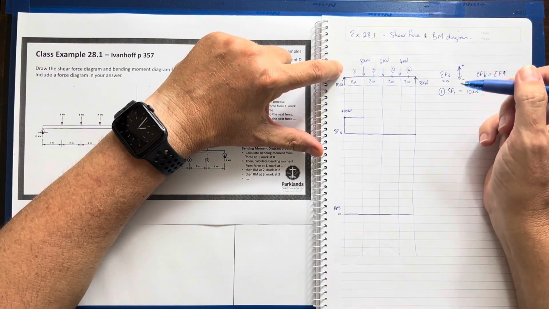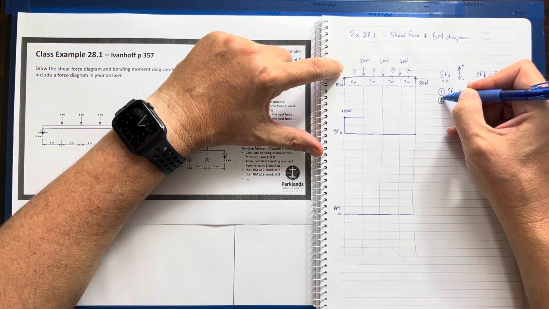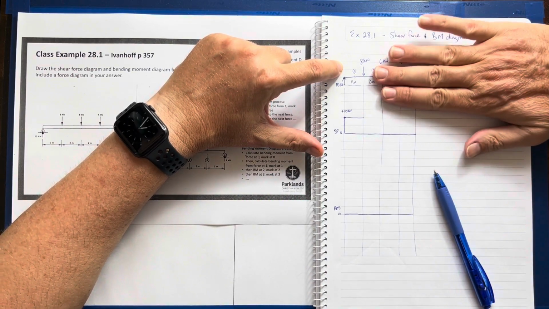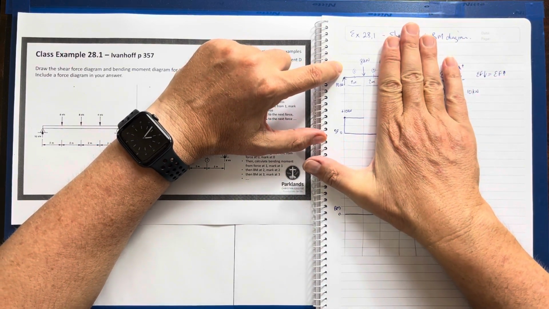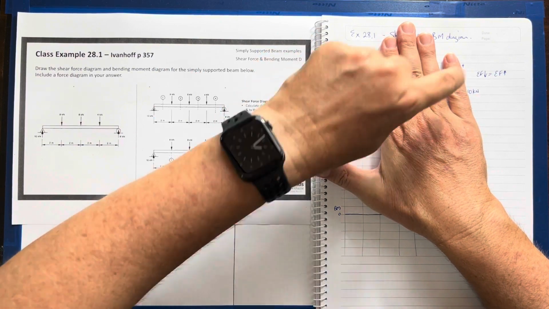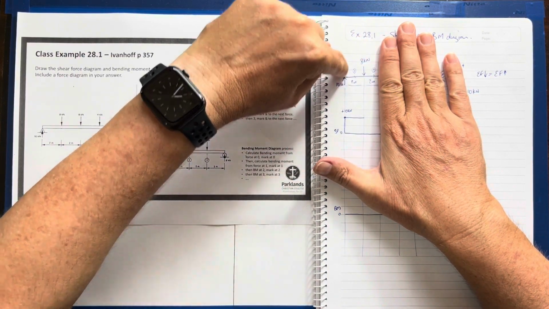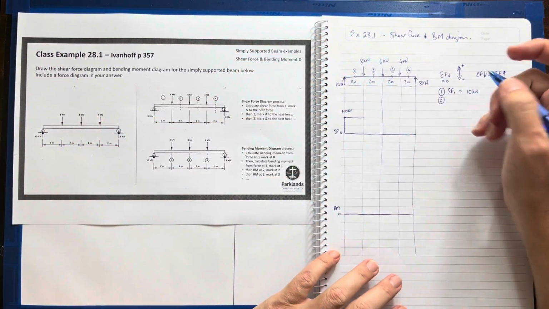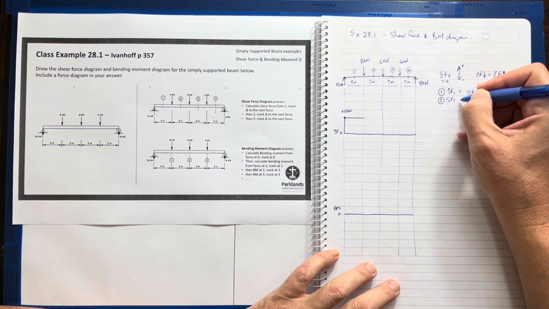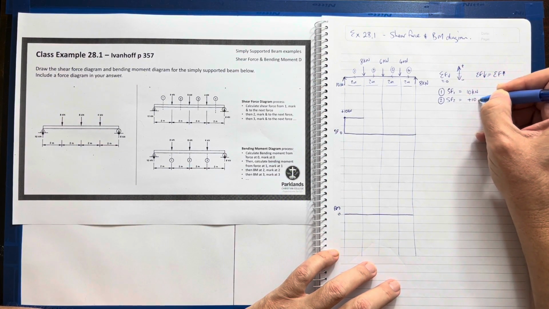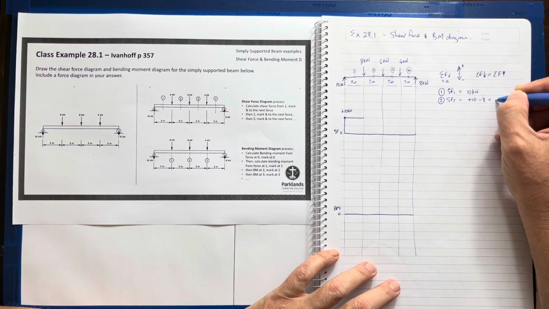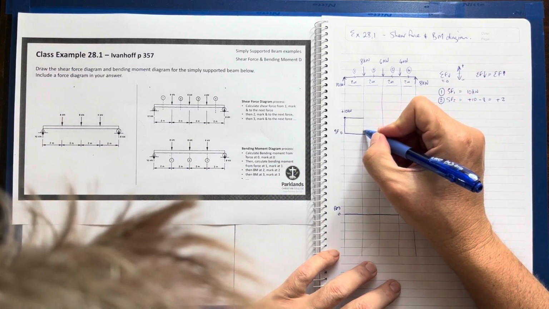That's my plus. For my next point, I ignore everything to the right hand side of point 2, it's easier like that. That's going to be up 10 and down 8. So shear force at point 2 is plus 10 minus 8, which gives me plus 2.